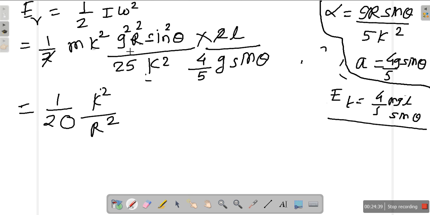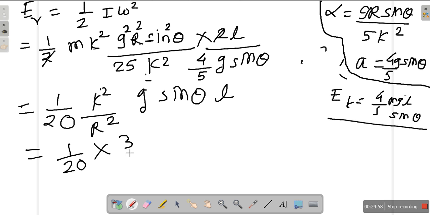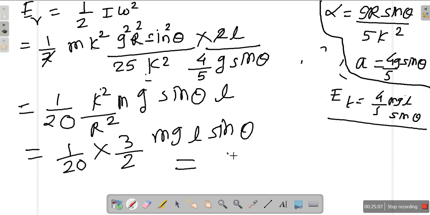G will cancel, 1 g will cancel, so what remains is g. 1 sine theta will cancel, so sine theta, and L will remain as it is. Now you know k square upon r square is 3 by 2 for a hollow sphere. You have already seen that. Of course this m is there, and that gives me the rotational kinetic energy as 3 by 40 times mgl sine theta.